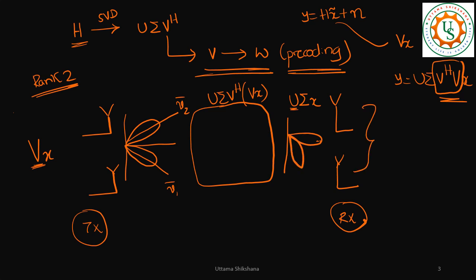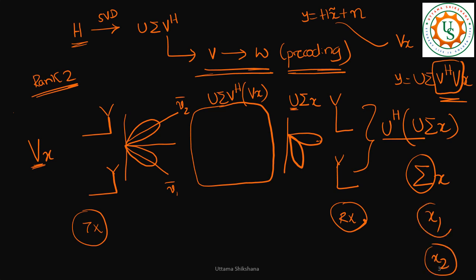At the receiver end, we need to perform receive beamforming, which means we apply U Hermitian to this U sigma X. U Hermitian U is identity, and finally we are left with sigma X. Sigma X is a diagonal matrix, which means that X1 and X2 are separated out across the antennas, and we are able to nullify the effects of the channel. So this is what we were doing, right?